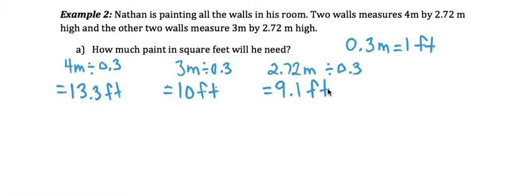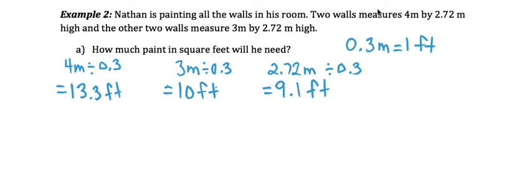Okay. So now I need to calculate how much paint I'm going to need in square feet. And in order to do that, I need to calculate the area of my walls. So remember, I have two walls that measure 4 meters by 2.72 meters, or 13.3 feet by 9.1 feet. And I have two walls that measure 3 meters by 2.72 meters, or 10 feet by 9.1 feet.